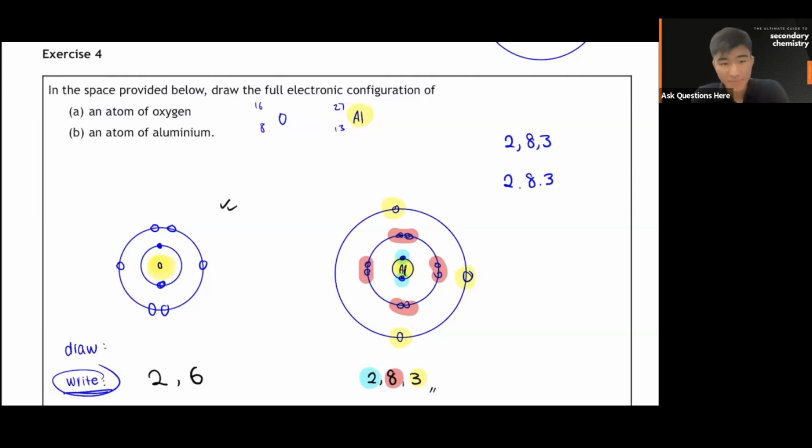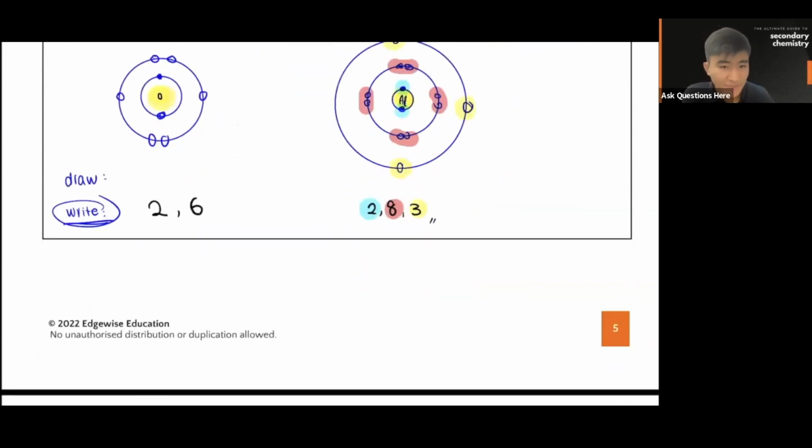You must appreciate the beauty behind every chapter. You must appreciate why certain things behave this way. Why is it that the electrons stay together like this? Why do different elements have different types of configuration? So don't just memorize. Most of the time, 95% of people who memorize don't really do very well. So if you're all good with exercise number 4, can we move on to the next page?